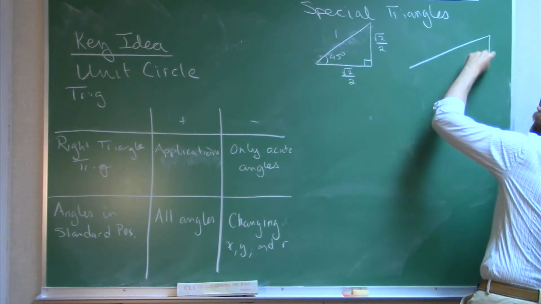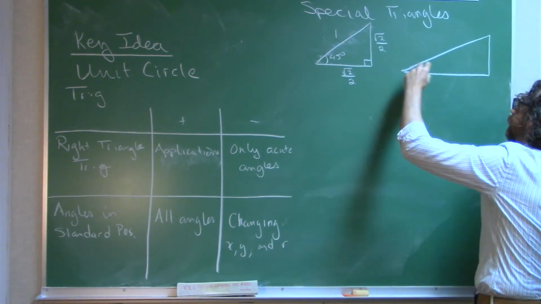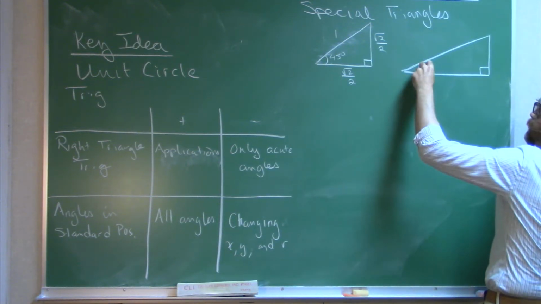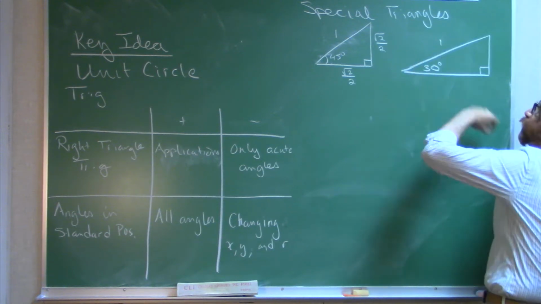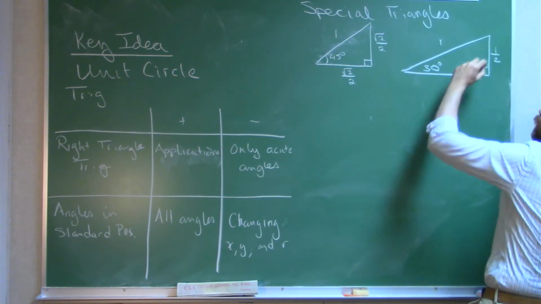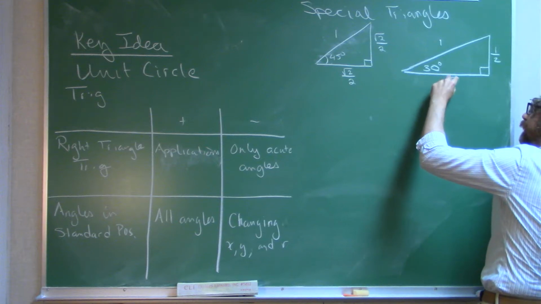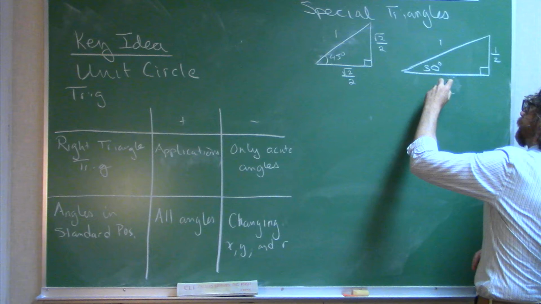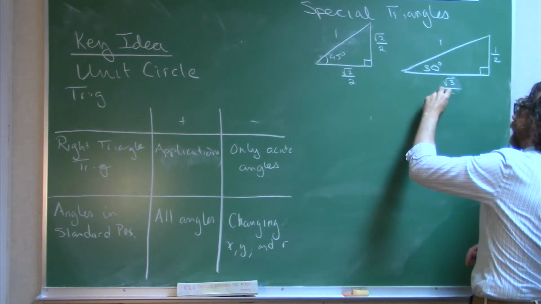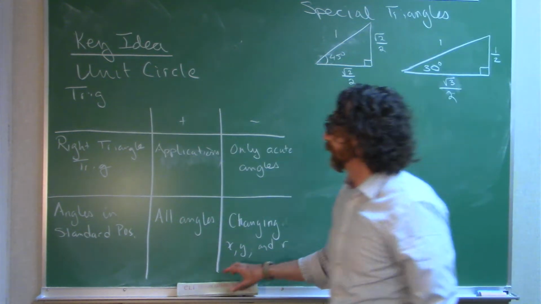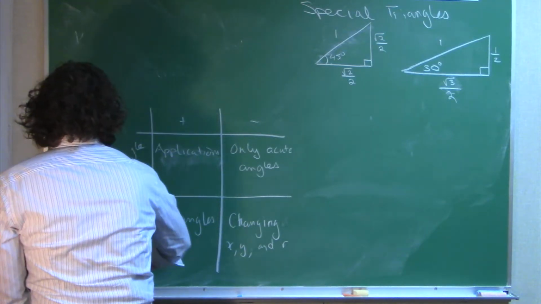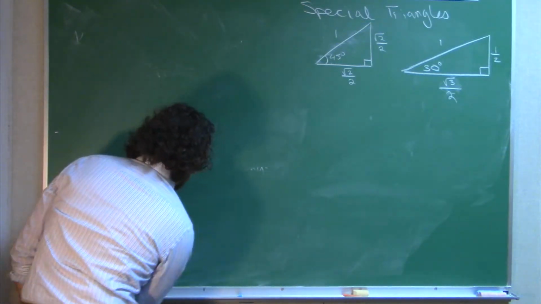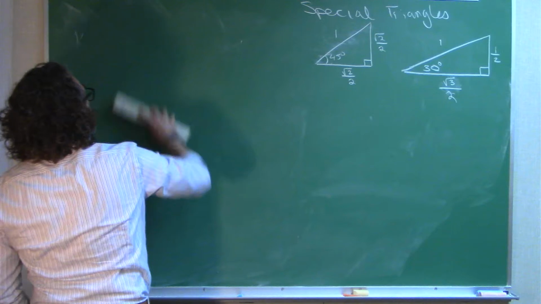If we're talking about a 30, 60, 90 triangle, and the hypotenuse is length 1, then this has to be 1/2, and this is radical 3 over 2. I want you to keep those things in mind as we discuss this unit circle definition of trigonometry.